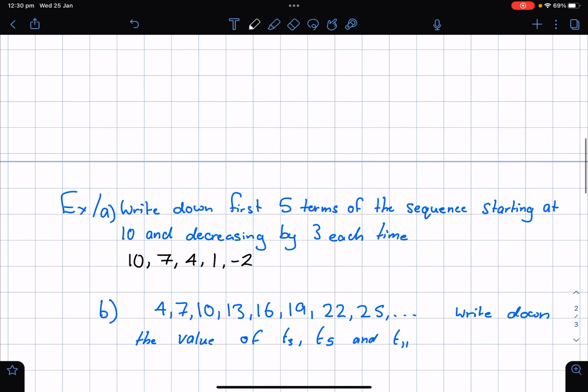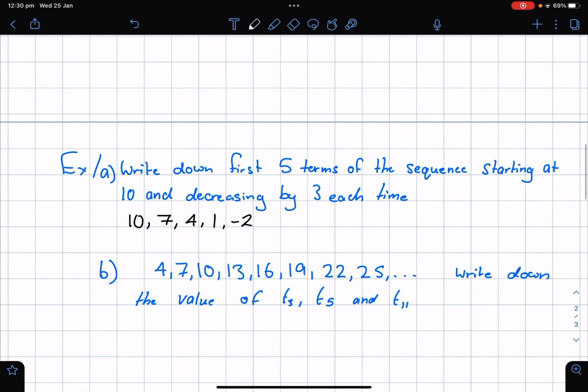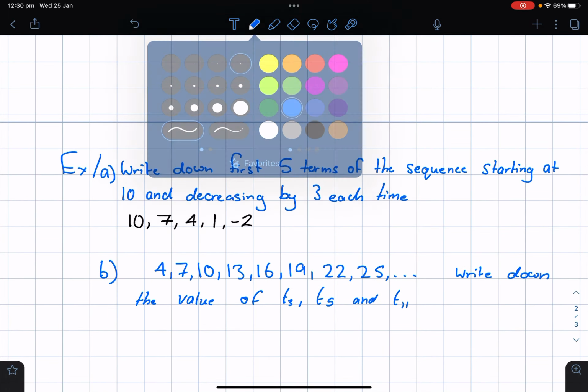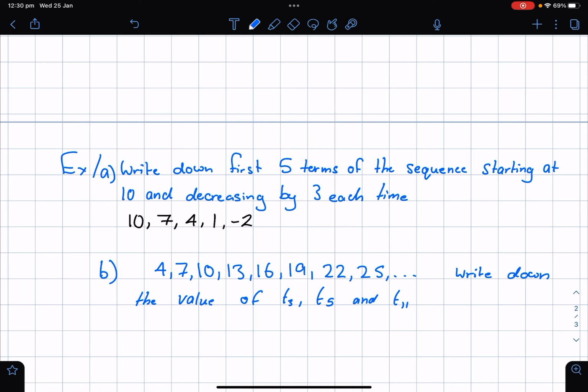Let's have a look at this one. We've got a sequence here, 4, 7, 10, 13, 16, 19, 22, 25, and that goes on forever. Write down the value of the third term, the 5th term, and the 11th term. Looking at this sequence, we can see that our third term is 10.